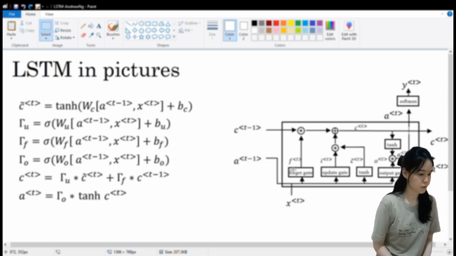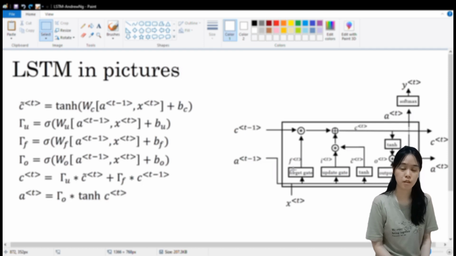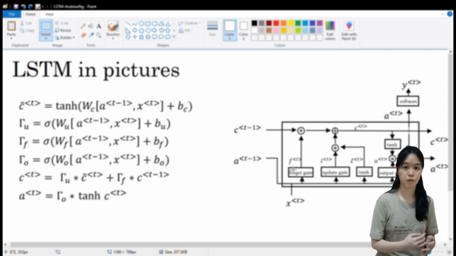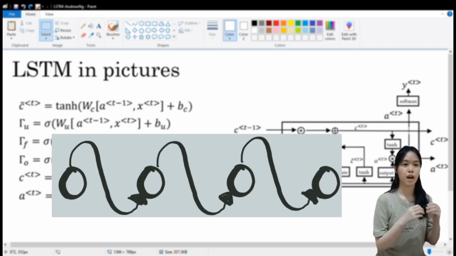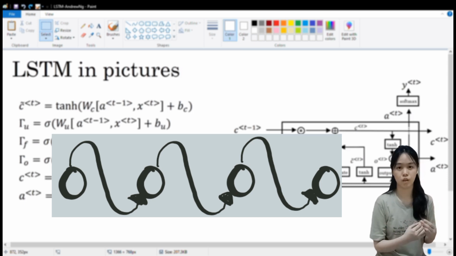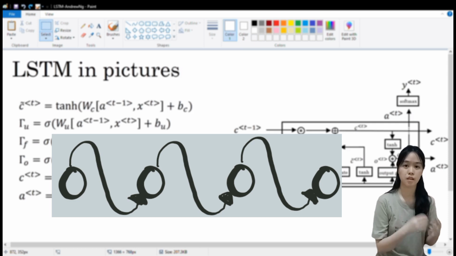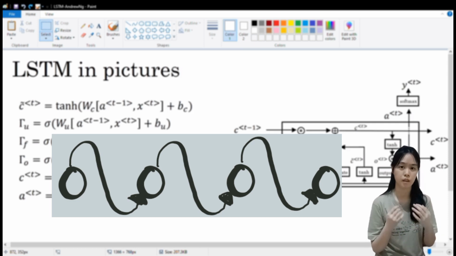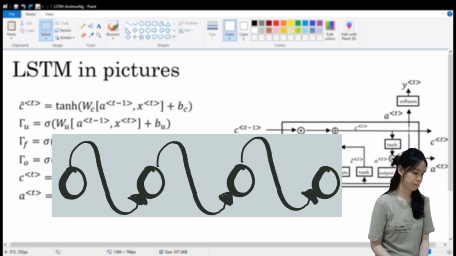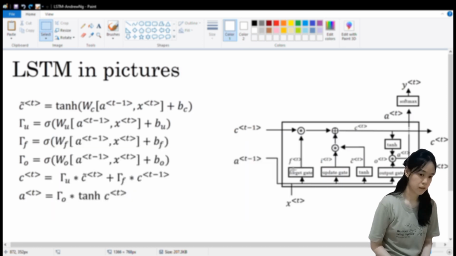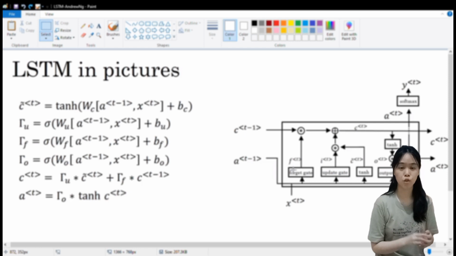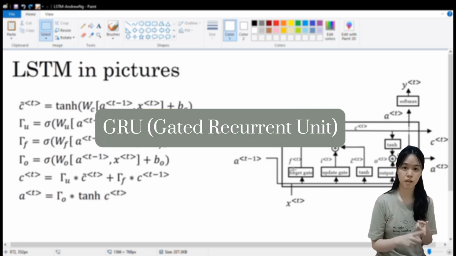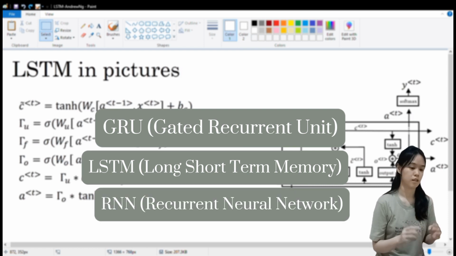And the network for sequence data is also different from the others because they use recurrence, so that the output of the first neuron would be the input of the second neuron, and the output of the second neuron would be the input of the third neuron, and so on. Neural networks that fall in this group are GRU, LSTM, and RNN.